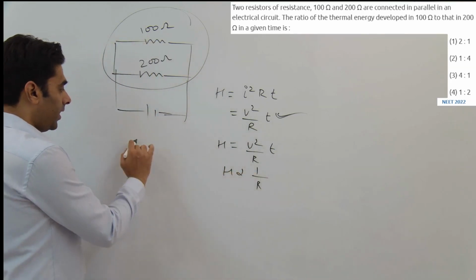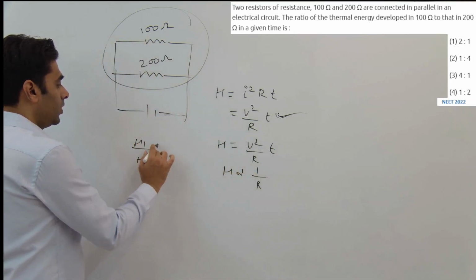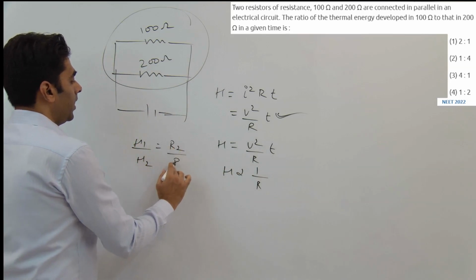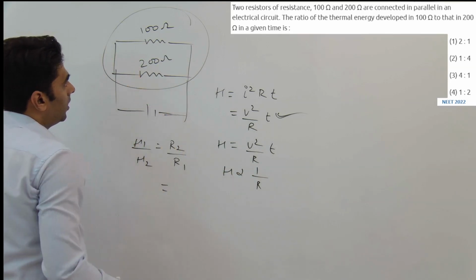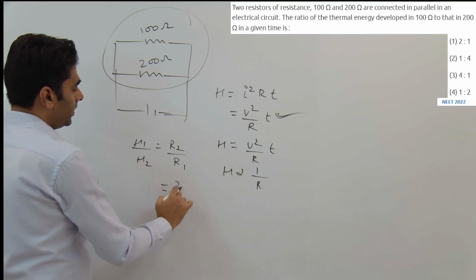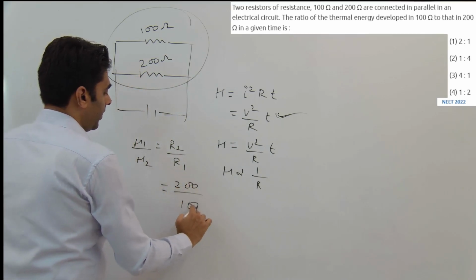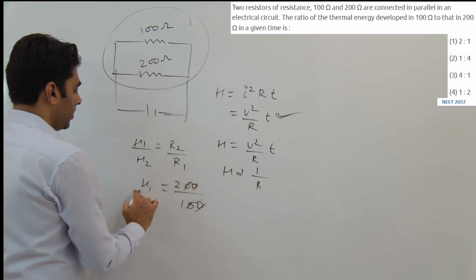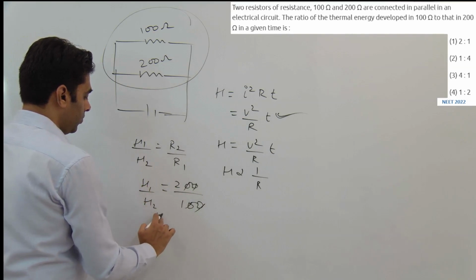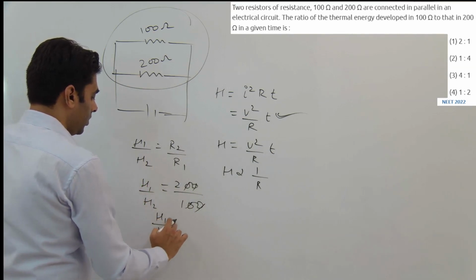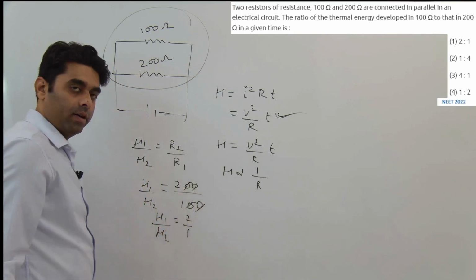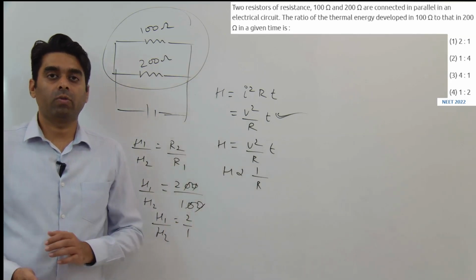H1/H2 = R2/R1 = 200/100, which comes out to be 2:1, right? Fine. Let's look at the next question.